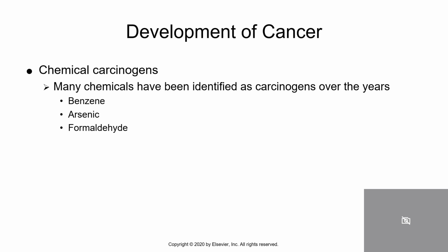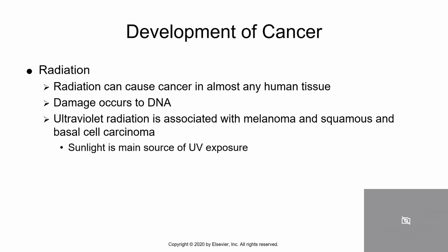And because there is a long phase from having the cancer initiated until it is able to be detected, sometimes that makes it difficult to identify what exact carcinogen is responsible for that cancer developing. Oddly enough, radiation, which is something that we use as a treatment for cancer, can in fact cause cancer in almost any human tissue because of how it damages the DNA.